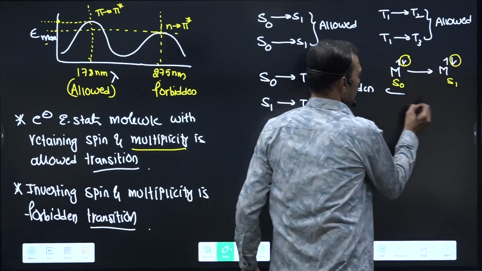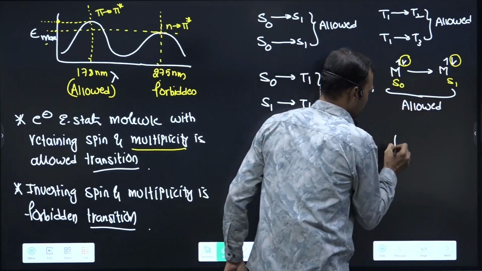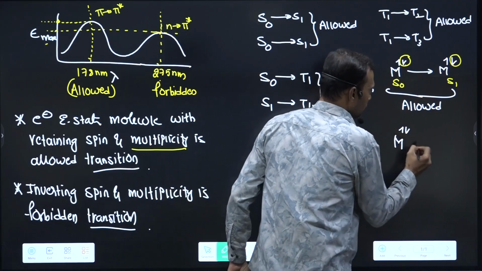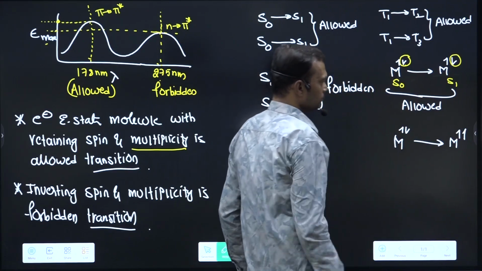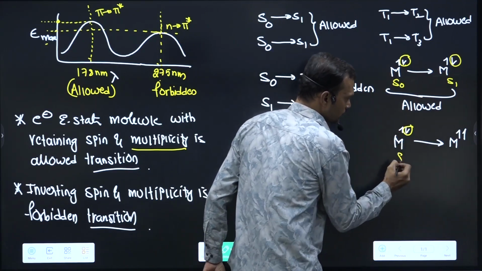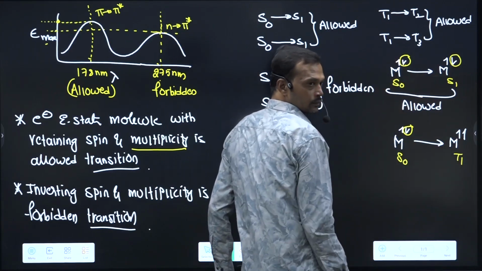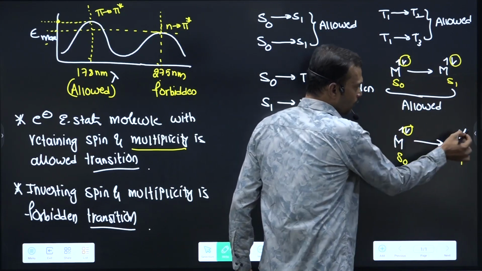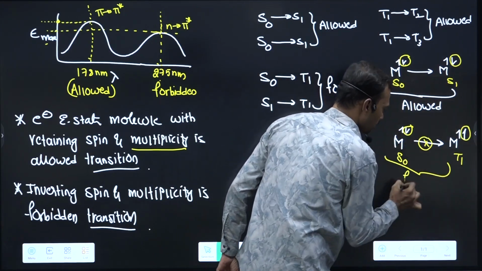This is allowed. Now here I am writing ground state and excited state with clockwise, clockwise. Anti-clockwise is S0, clockwise, clockwise is T1. Anti-clockwise converted to clockwise. Is it possible? No. So it is forbidden.